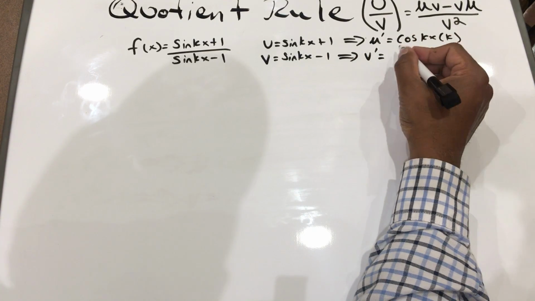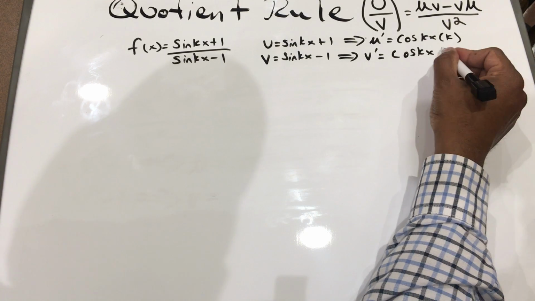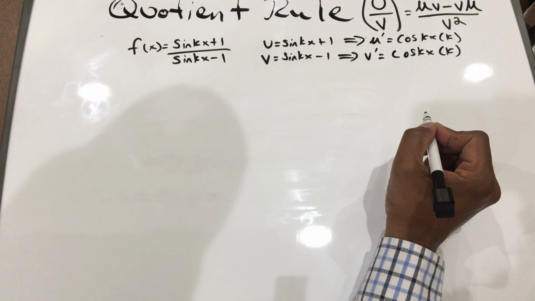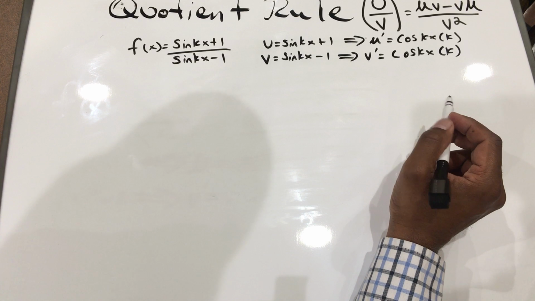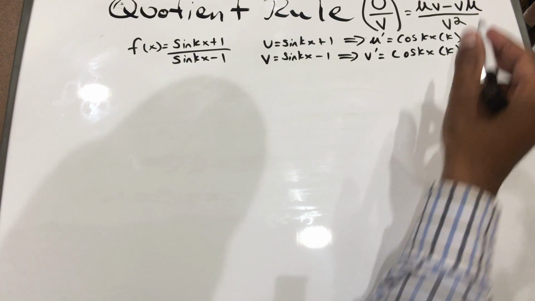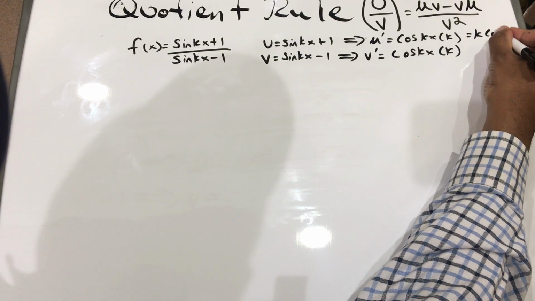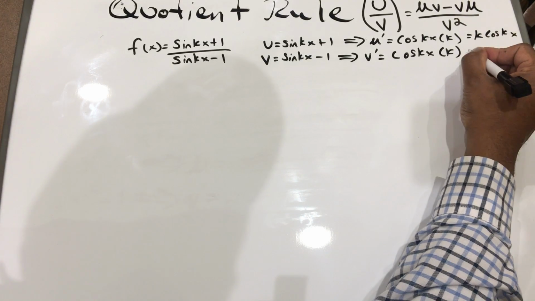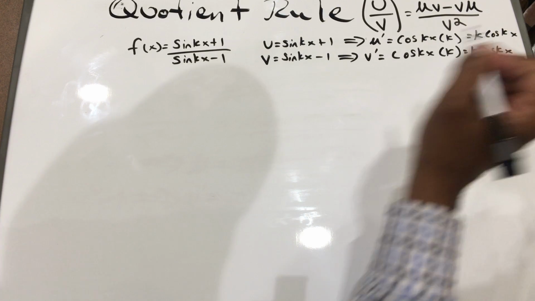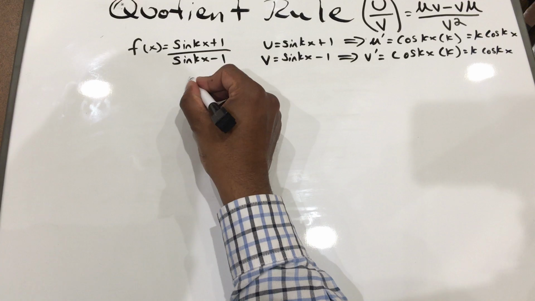Our v prime would be cosine kx again times k. Now, if you'd like, it's helpful to simplify these out a little better and move this k in the front. So k cosine kx, k cosine kx. Now we're ready for our derivative. So let's start with our differential.